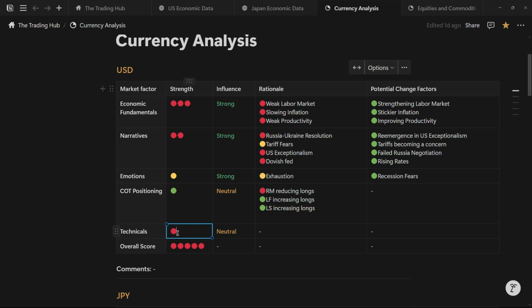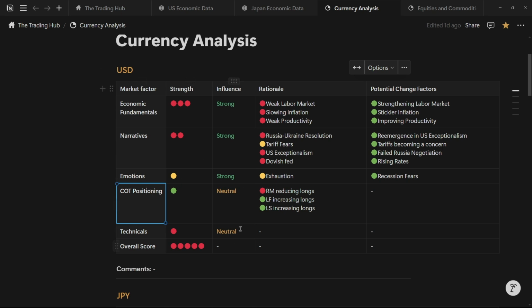execute my trade ideas. And as you can see here, we have COT positioning, but I would not say COT positioning influences price, because positioning is a lot more nuanced than that. You're not just going to look at the commitment of traders report, and that doesn't necessarily drive price.